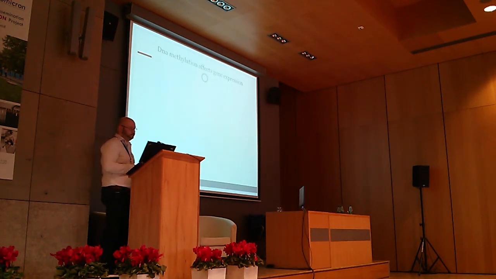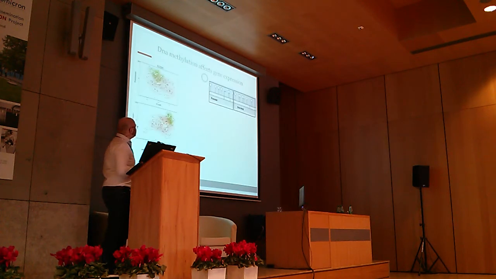So there are many ways that gene expression is regulated in eukaryotes, but DNA methylation is one of them. And in terms of explanatory power of DNA methylation for changes in expression, here I'm showing some real data from cancer. The greens are the healthy tissue data, and the reds are the cancerous samples.